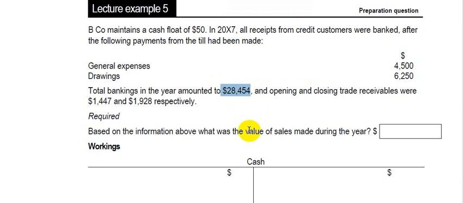So the bank account, being an asset account, will be debited. The cash float account, being an asset account, is giving out cash, so the cash account will be credited.